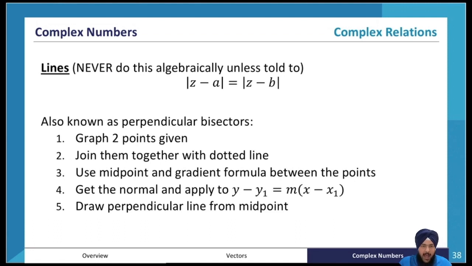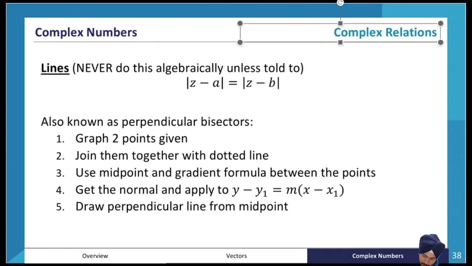Okay, and then we have lines. So these are a little bit more complicated. Never do anything related to lines algebraically unless you're told to. The way that we do it is, again, using geometry. So lines are also known as perpendicular bisectors because basically what it is we have two separate points.